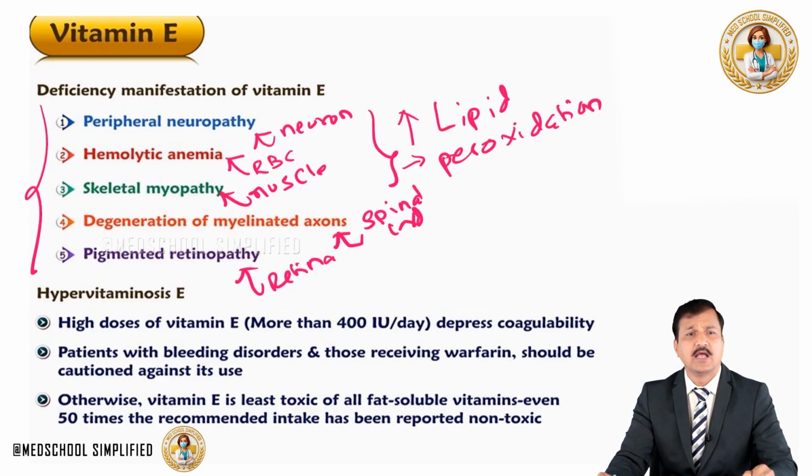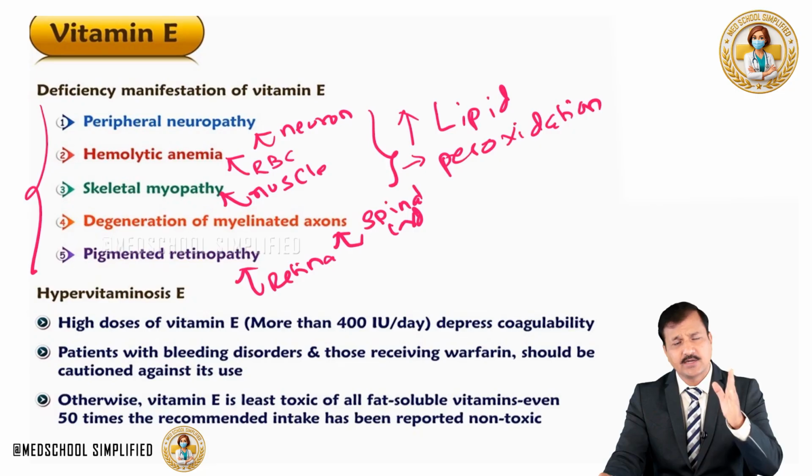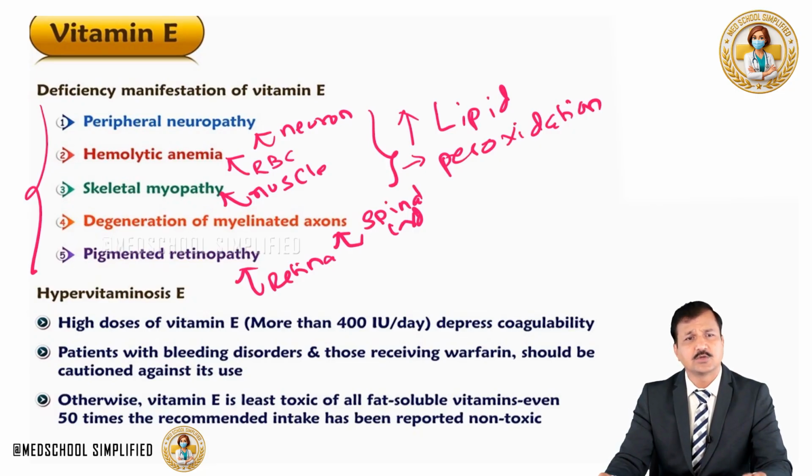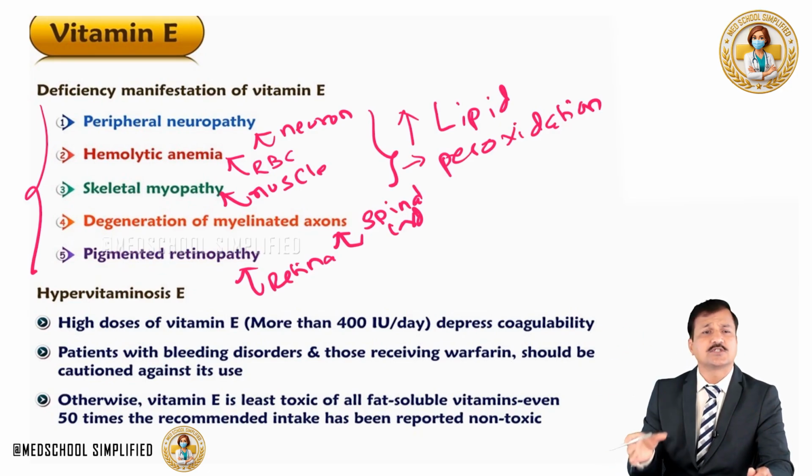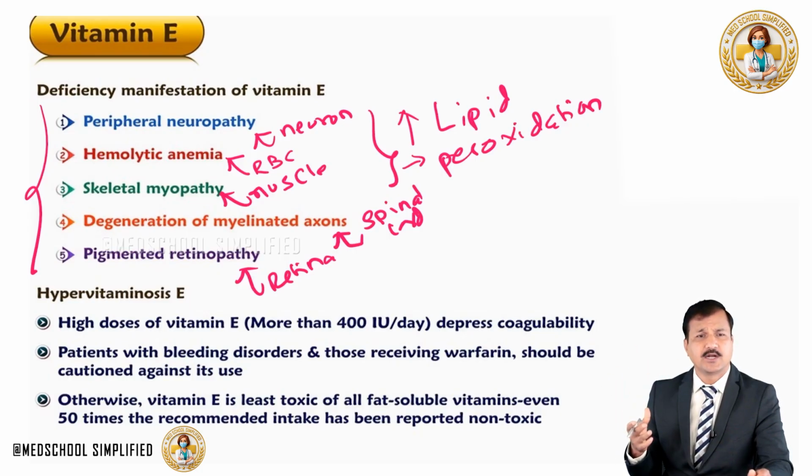Because the myelinated neurons are affected, giving rise to peripheral neuropathy, ataxia, and decrease in the motor and sensory functions of the neurons, it can be confused with other neurological conditions. That is why we need to look for vitamin E deficiency if you see any neurological issues along with hemolytic anemia, skeletal myopathy, pigmented retinopathy.